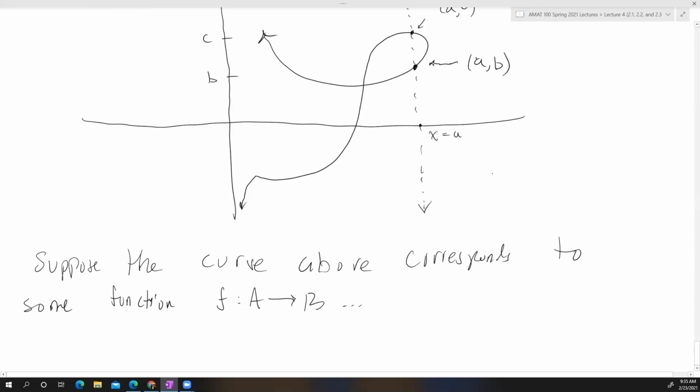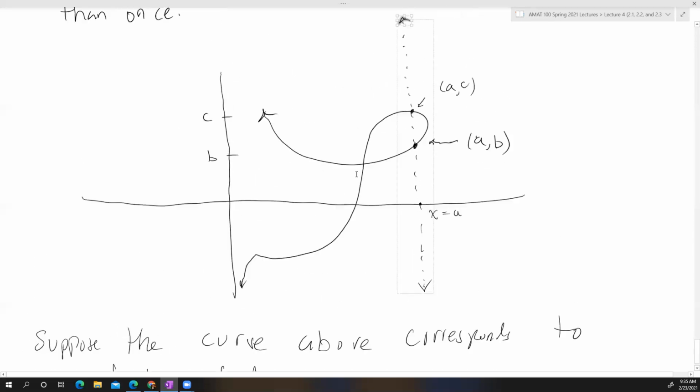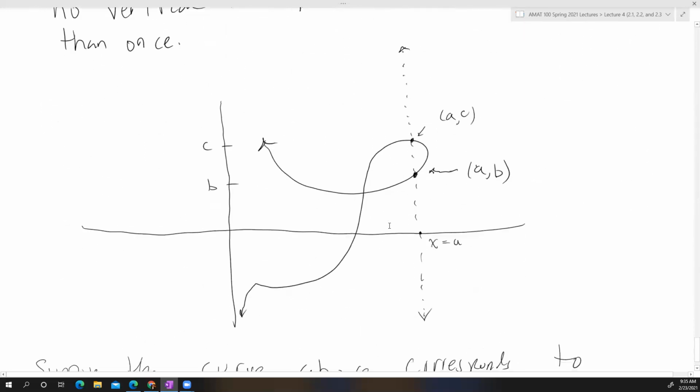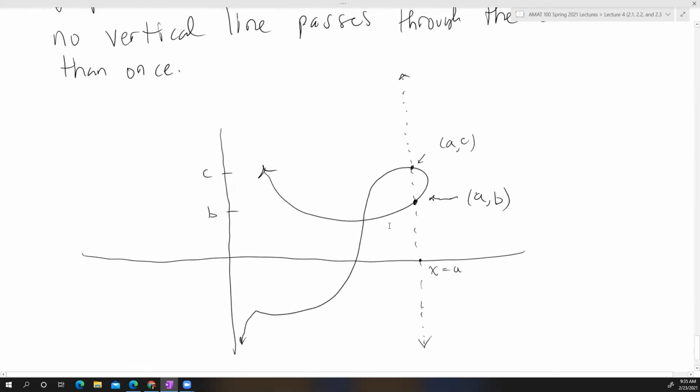We want to prove that this vertical line test is true. What we're proving basically is that if you have a curve and you have a vertical line which passes through it twice, then there does not exist a function corresponding to it. We're going to prove that by contradiction by saying, suppose there does exist a function that corresponds to it. And then we're going to show that this gives a contradiction.